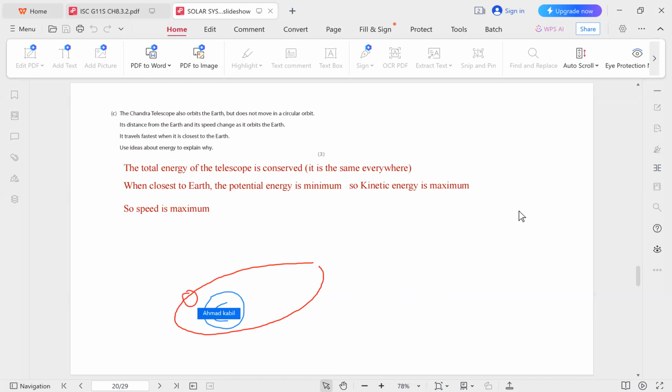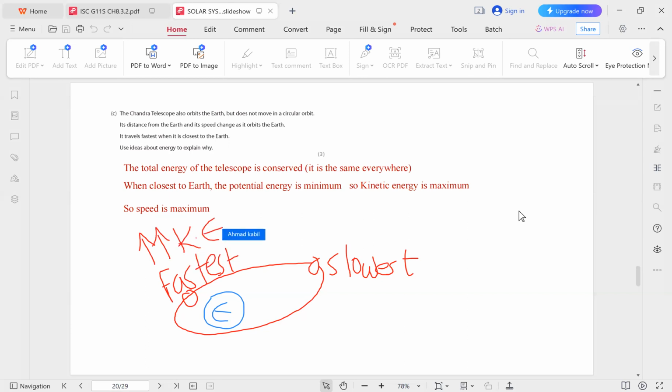So let's compare these 2 points. Here it's going to be fastest. And here maybe it's going to be slowest. And we want to discuss in terms of energy. Of course, fast and slow describe speed, and speed is related to kinetic energy. So you can deduce that here we have a very high kinetic energy, and here we have very low potential energy.